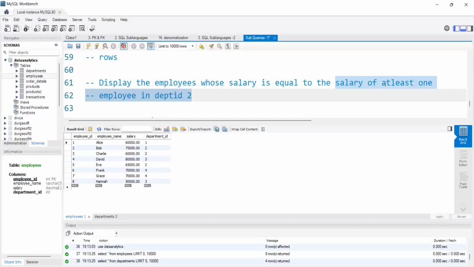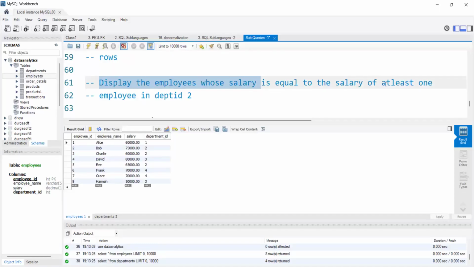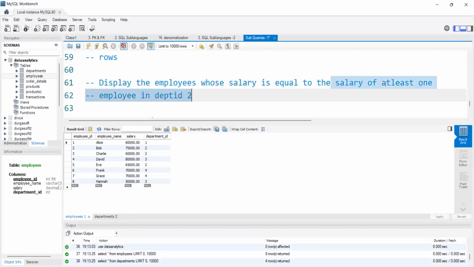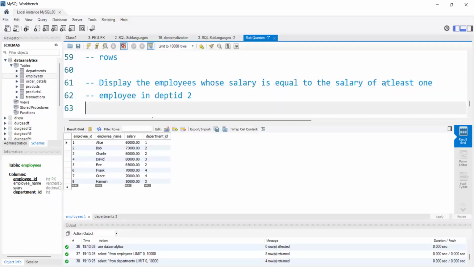As we discussed yesterday, whenever we are dealing with subqueries, we can divide the question into two parts, one like a subquery and one like a main query. So here also, I want to display the employee details whose salary, up to here I can consider as one question. This is my condition, that salary should be equal to the salary of at least one employee in department ID 2, right? Now let's see how we will solve this.